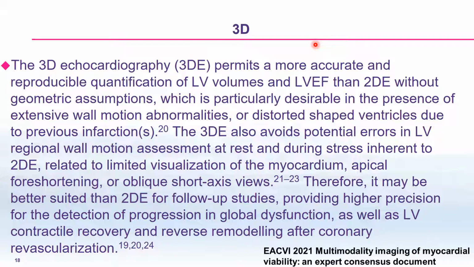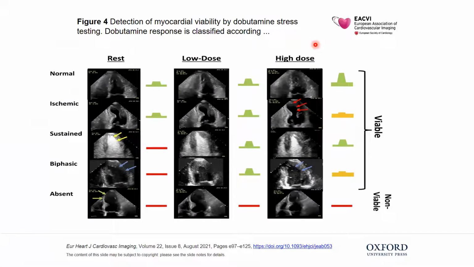This is what we look for on the dobutamine. We look for the biphasic response if we do the higher dose. I usually prefer to stay at the lower dose, and I try to reach my decision from this data if I don't need the data on ischemia.